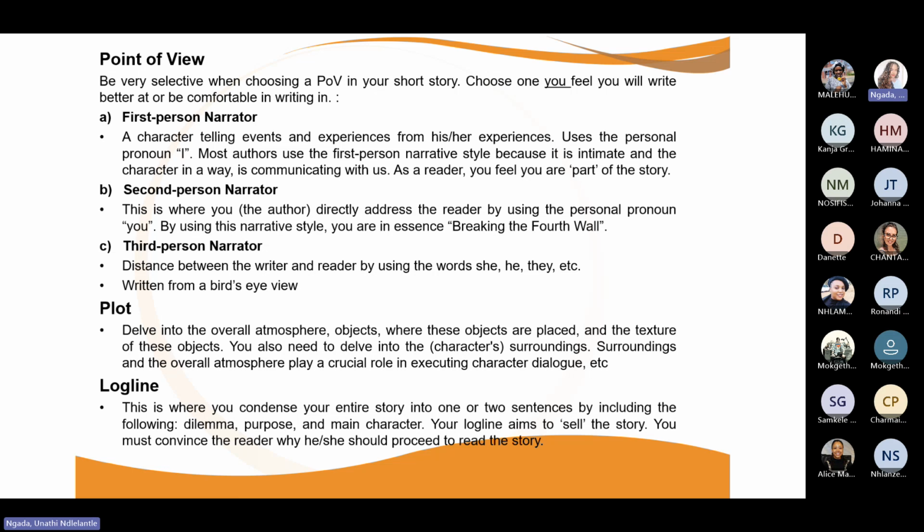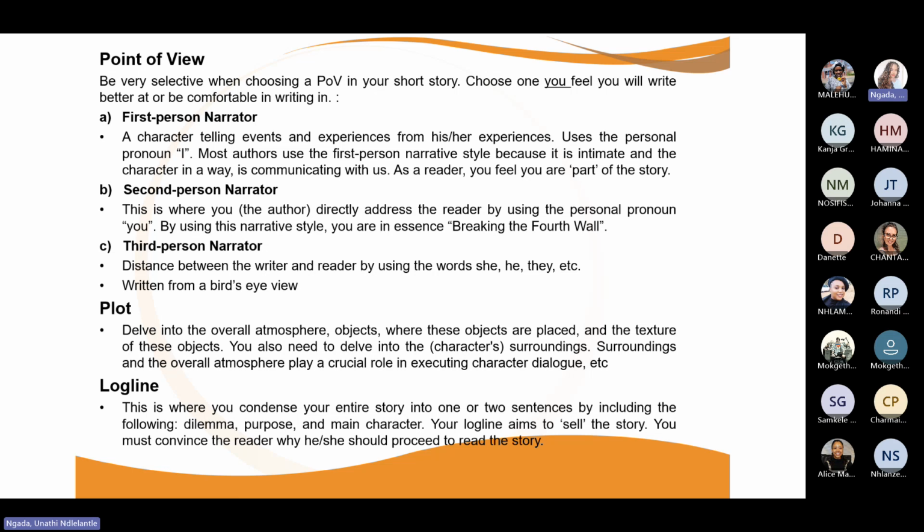So Simon Samkela asks, is it a good idea to write your short story in past tense, like telling a story about a character's childhood throughout the story? Yes, you may certainly do so, as long as you are strictly sticking to one narrative style, right? Choose the narrative style and you need to stick to it throughout the short story.